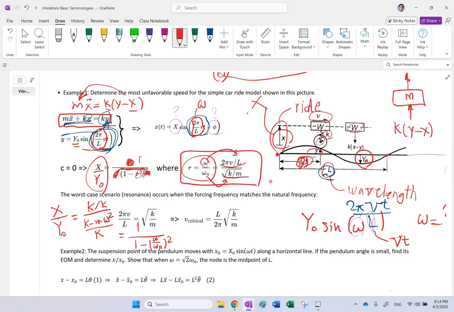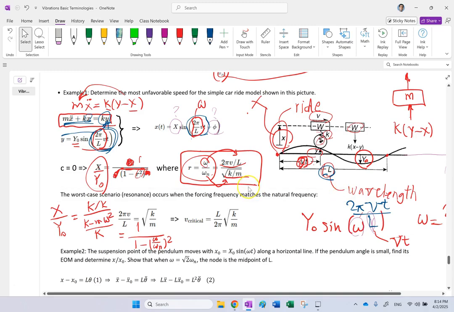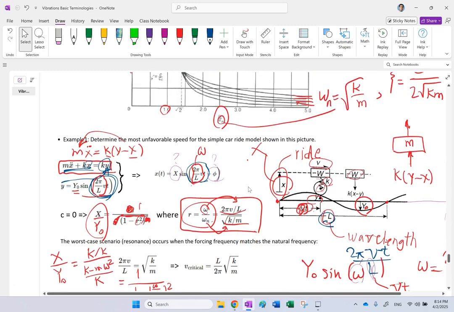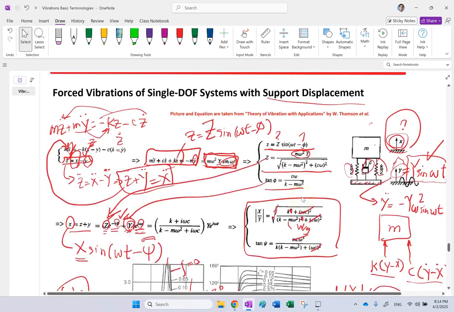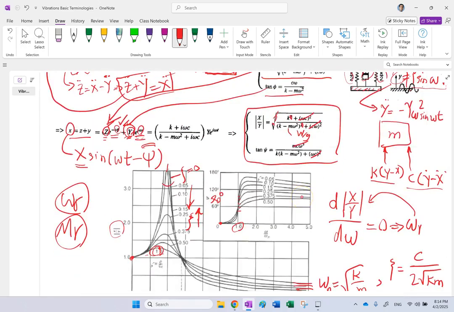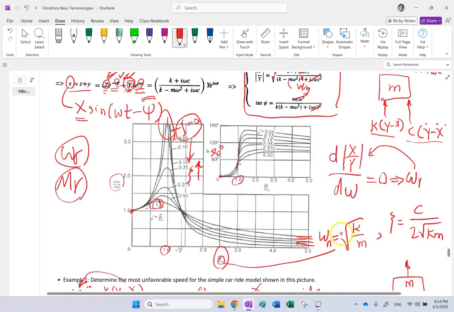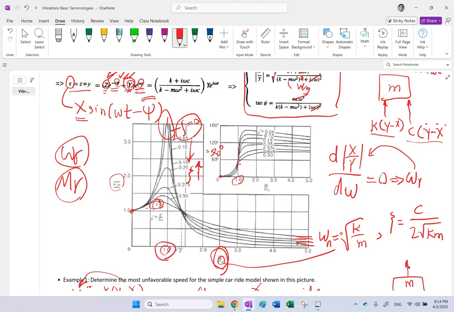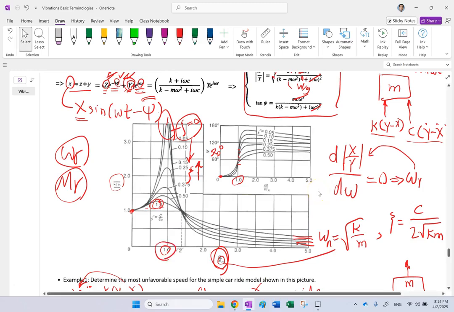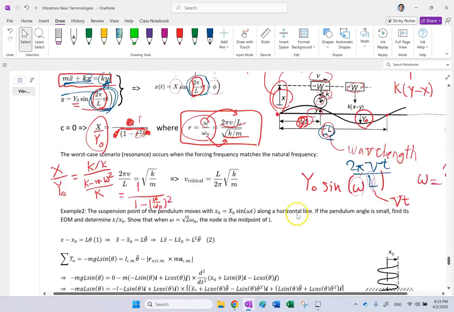Now, under what condition do you have the worst case scenario? Under what condition can you get resonance? Remember, the worst case scenario is resonance, and resonance happens for a no damping system at the frequency where this ratio equals 1. So when this ratio r equals 1, that's the worst case scenario.